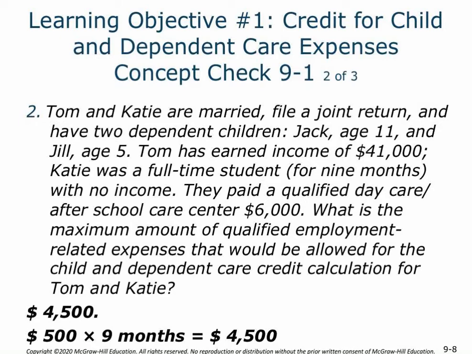As a full-time student, we're going to be able to deem her as having income with 2 children of 500 per month, but she did not work in the summer, so we're only going to use 9 months for that amount. So even though we paid qualified daycare expenses of 6,000, the amount that we can use in that calculation is just going to be the 4,500 for the $500 deemed earnings times the 9 months that she was a full-time student.